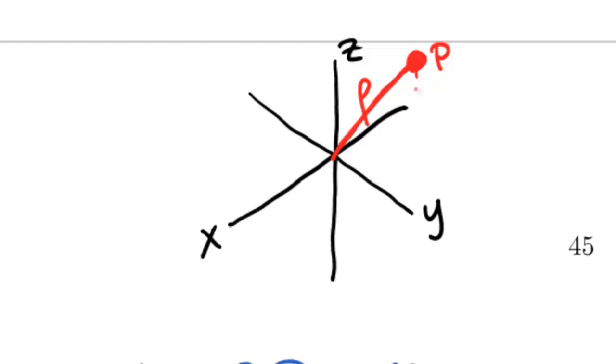If we drop a perpendicular in the xy plane, so this here is supposed to be a right angle, then your angle here from x to y is theta, and then your angle up here from the positive z-axis down to the point is phi.